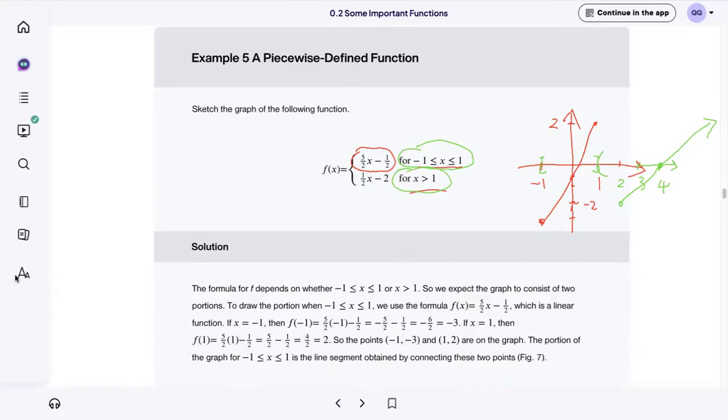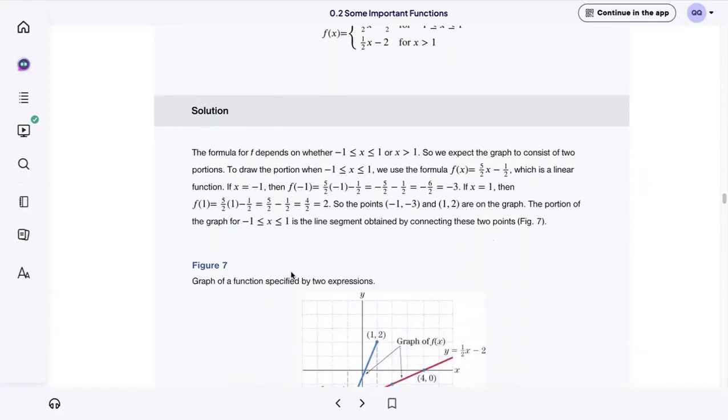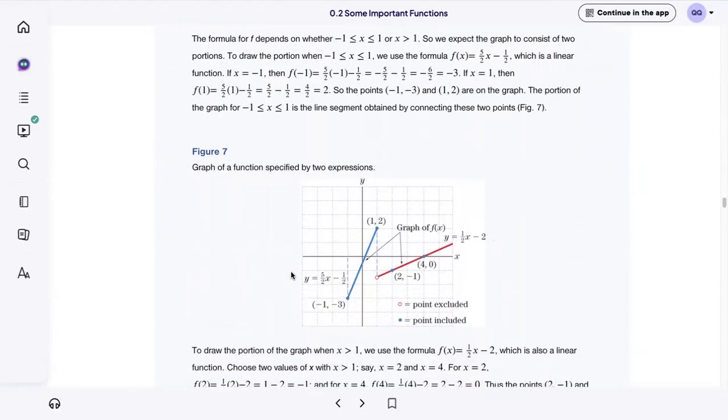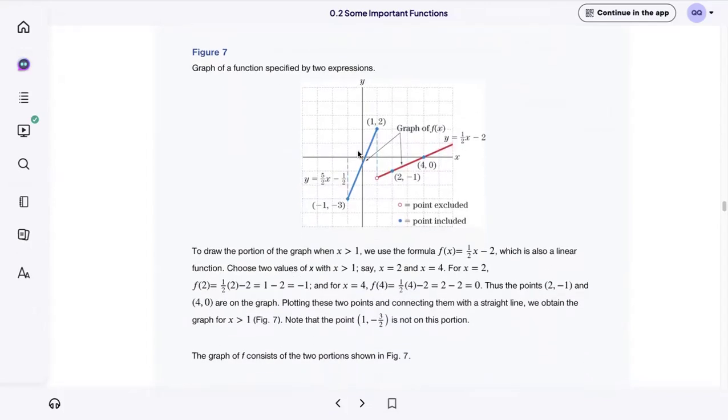Okay, that's that. Let's clear all the joins. If I'm going too fast for you, you can always stop and wind back to watch. Okay, that's the graph. You see this open circle? That's very important, because when we talk about limits, this becomes very important to us.